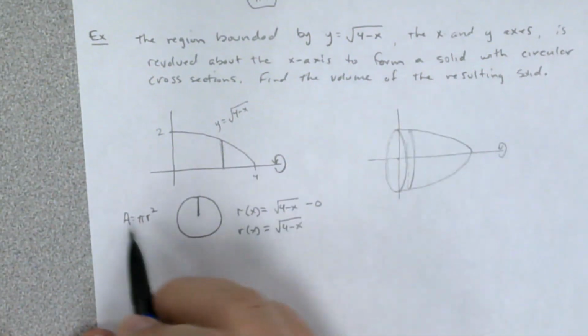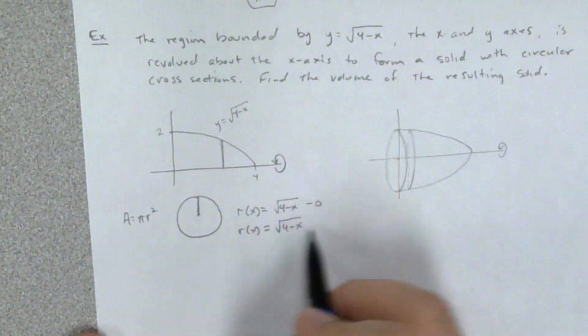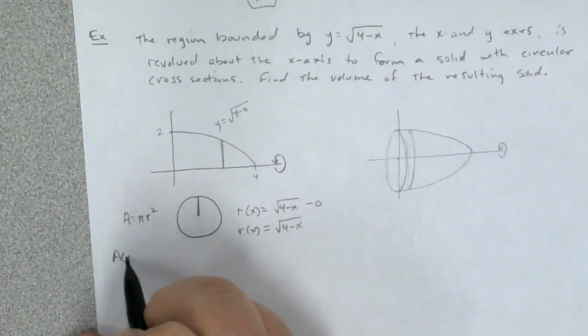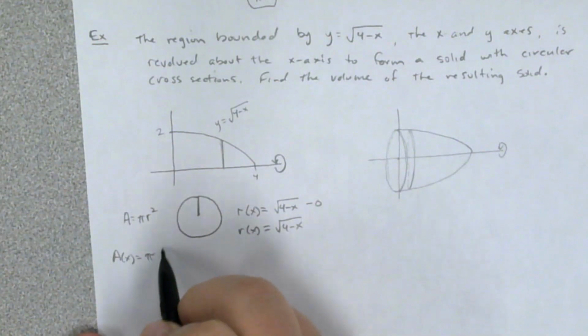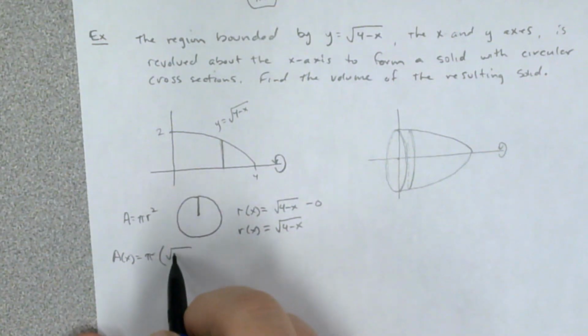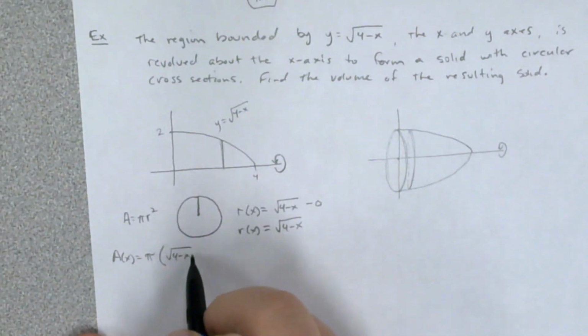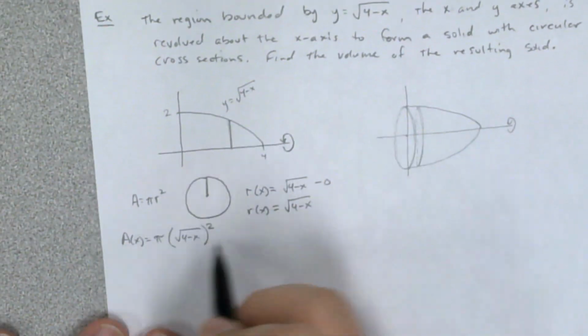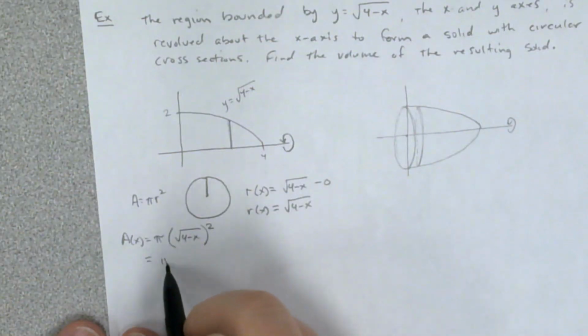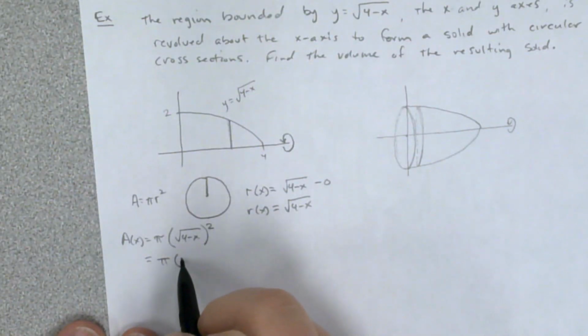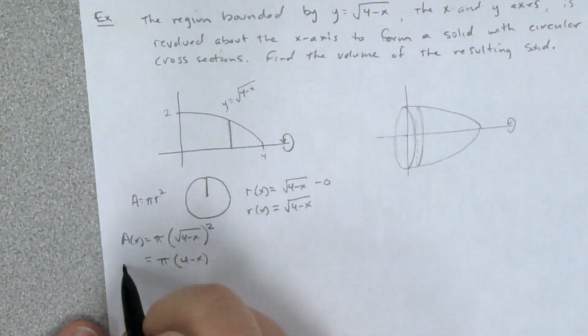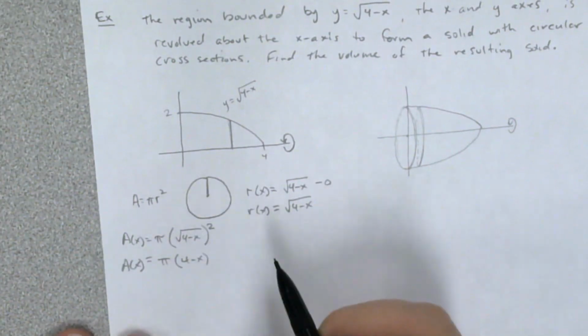Since my area is pi r squared, my area in terms of x is pi times the square root of 4 minus x, squared. We can simplify this because of the squared aspect, and we get pi times 4 minus x. That is my A of x.